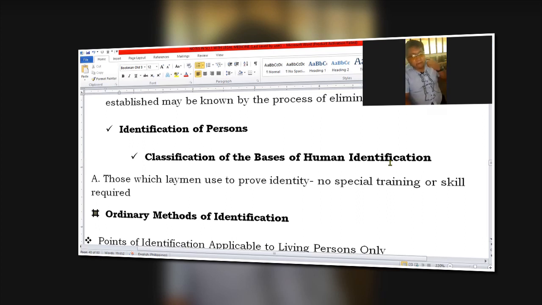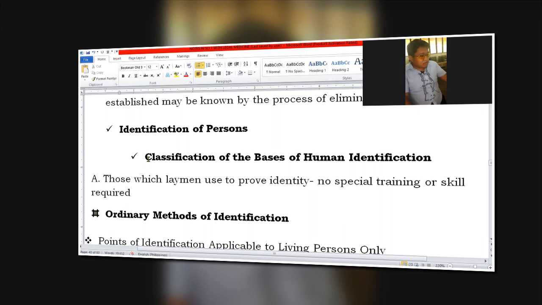If you are at a crime scene and you recovered blood, you have to establish whether this is human blood or animal blood. So you should apply techniques for that.